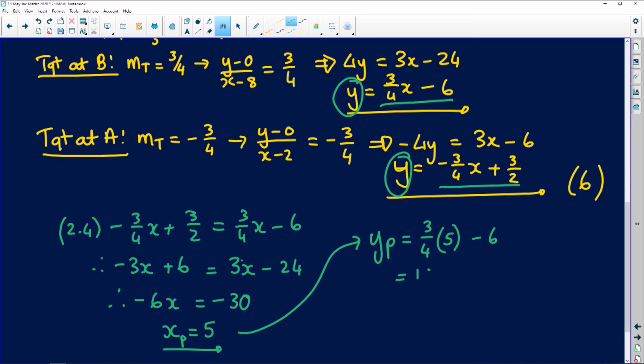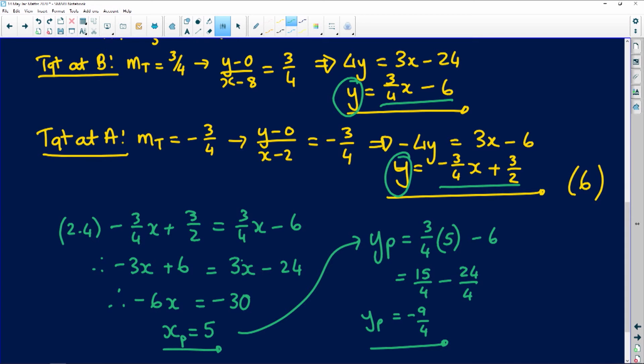So that gives me 15 over 4 minus the 6 here. I'm going to write it as 24 divided by 4 because that is what 6 is. Then 15 minus 24 leaves me with minus 9 over 4 for my y value of point P.